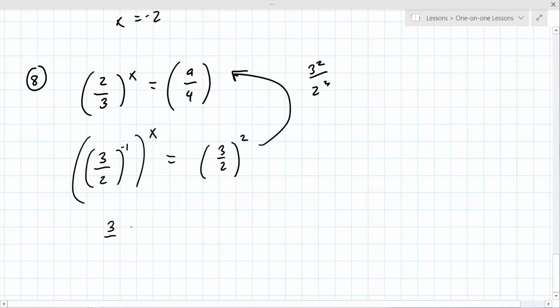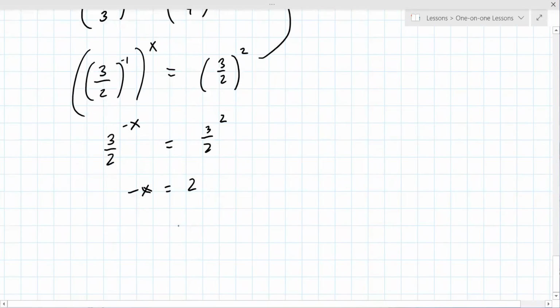So this is 3/2 to the -x power equals 3/2 to the power of 2. So we know that -x equals 2. So again, x equals -2. Negative x equals 3/2 squared, divide by negative 1, x equals negative 2.